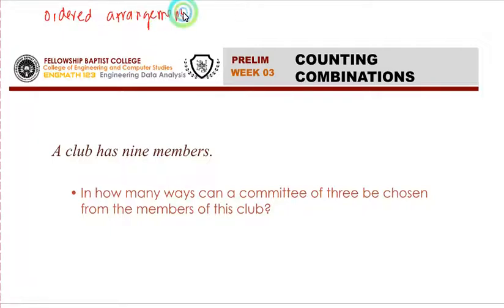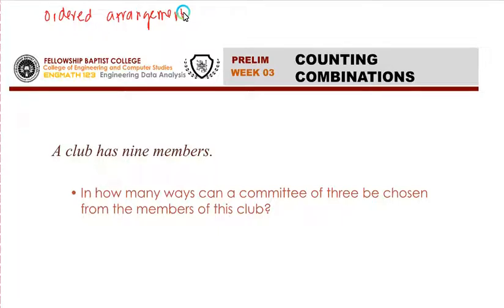Next, if we are concerned with subsets without regard to order, then we are using combination. Subsets or groups or combinations, so that is your combination. Wala kaga consider sang order, that is combination.